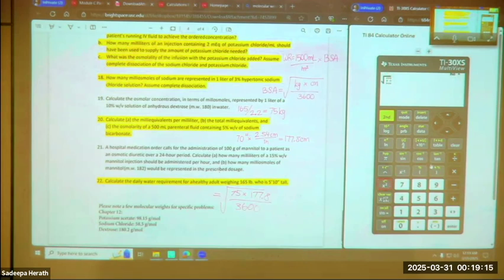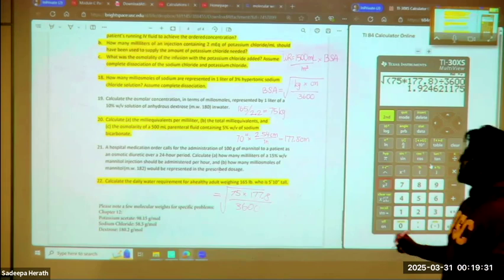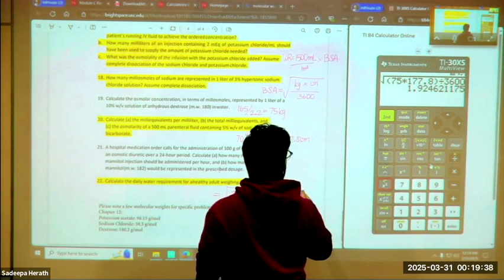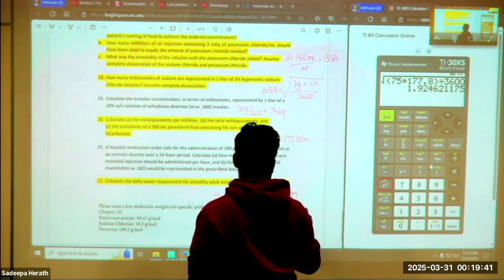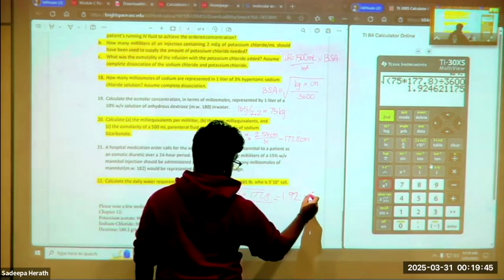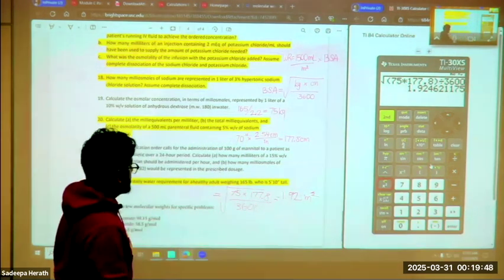Put this in parentheses: 75 times 177.8 divided by 3,600. So 1.92 meters squared. We're not done. That's BSA.